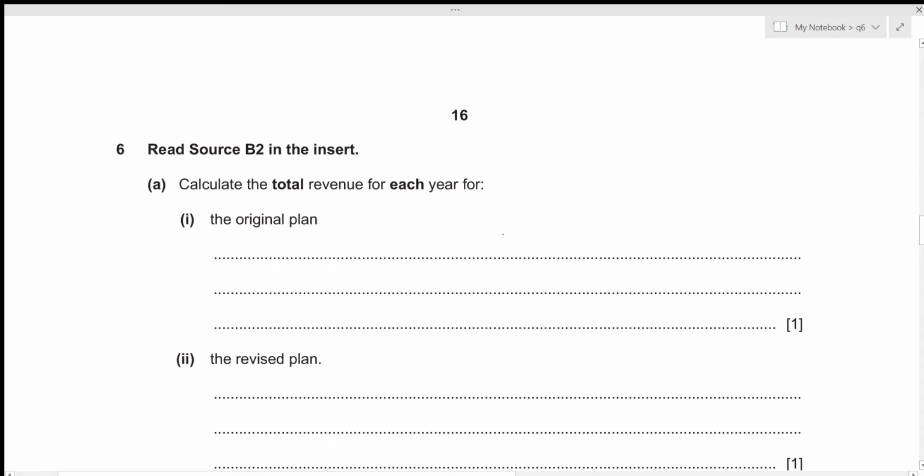Okay, so we have year 1 and year 2, and this is the revenue. And for year 1, we figured it out to be 800,000, and for year 2, we figured it out to be 913,000. Now let's repeat the same process for our revised plan.